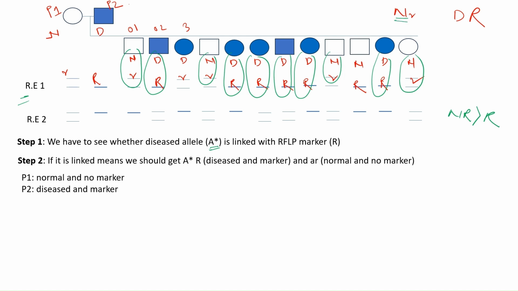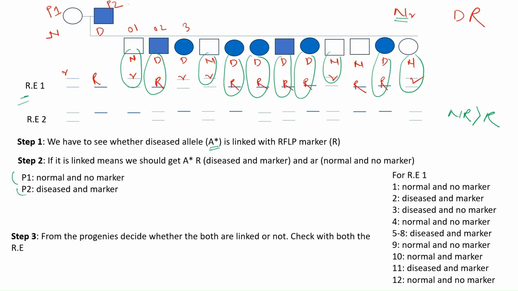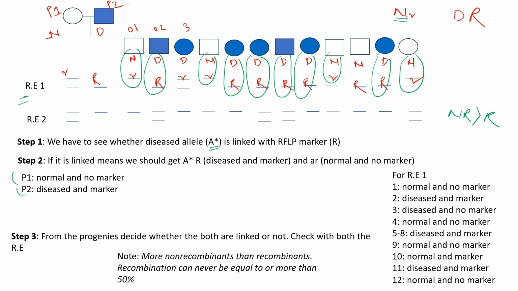Step 2 is how to find out whether it is linked or not. For parent 1, I showed you normal and no marker. For parent 2, diseased and marker. On the basis of this, you can find for restriction enzyme 1. I already showed you the first one is normal no marker, the second one is diseased and marker. Like that, the way I showed you, you have to find out for restriction enzyme 2 as well. Now, how to decide whether the genes are linked or not?